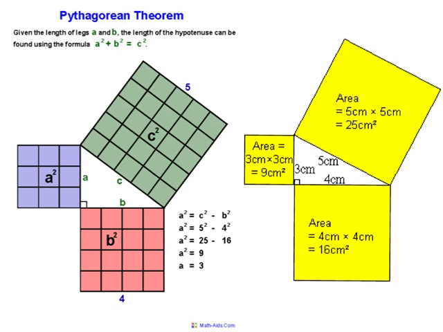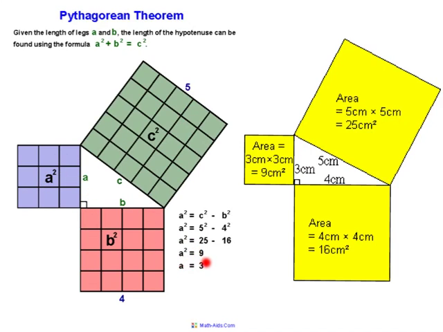So this is why we know this works. If A, for example, were 3 and B were 4, then we can know that C is going to be 5.